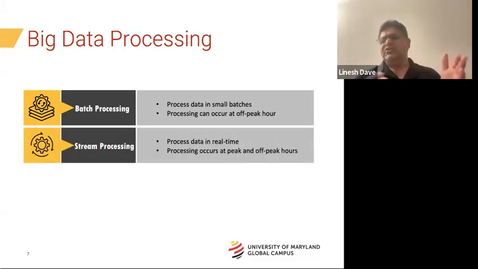And then came stream processing. You're processing data in real time. In this case, the processing may occur at peak or off-peak hours, or maybe both, because you want to take action on every piece of data that comes along at any point in time.